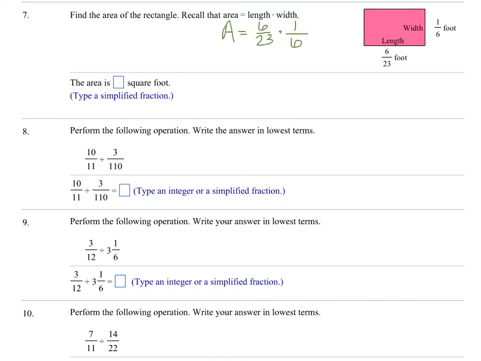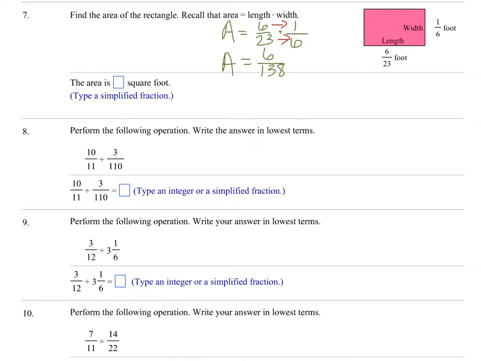Again, you can type this in your calculator using your fraction button, but to understand what the calculator is doing, whenever we multiply fractions, you're going to multiply straight across the numerators and straight across the denominators. So 6 times 1 is 6, and 23 times 6 is 138. The next thing to do would be to see if this fraction would simplify, just like we did on 1 through 3.